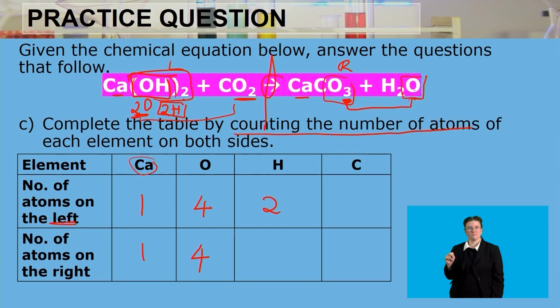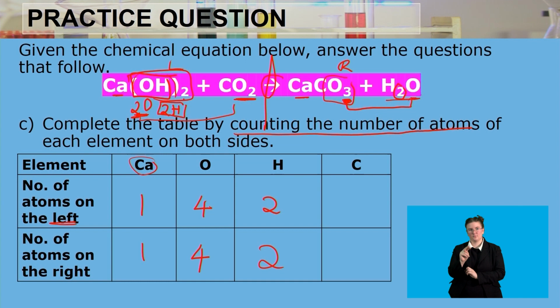We only find hydrogen on this compound. And that subscript 2 there tells us that we have 2 hydrogen atoms in that chemical compound of water, and the 1 oxygen atom in that chemical compound. So we only have just the 2 and nothing else on the right-hand side. So we still have the 2 hydrogen atoms.